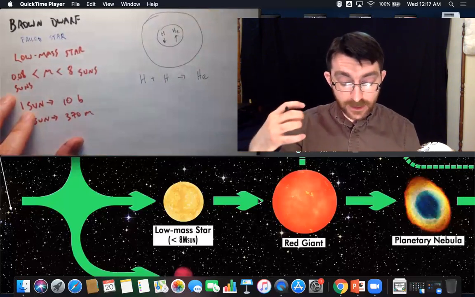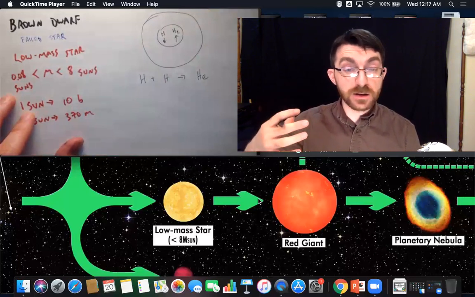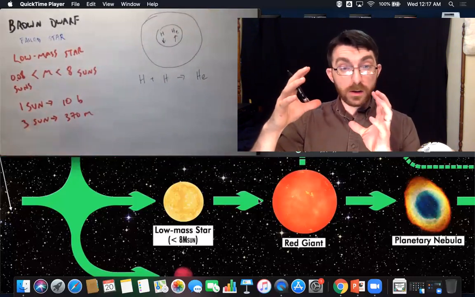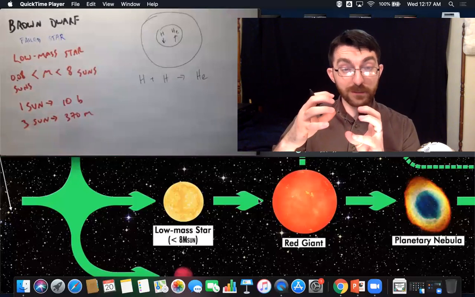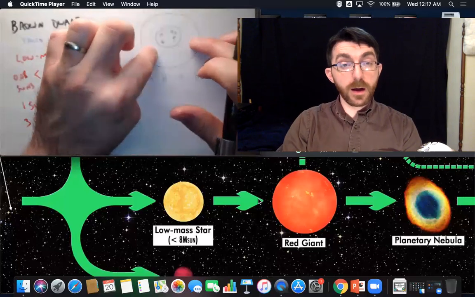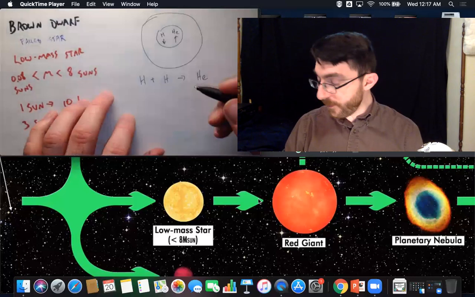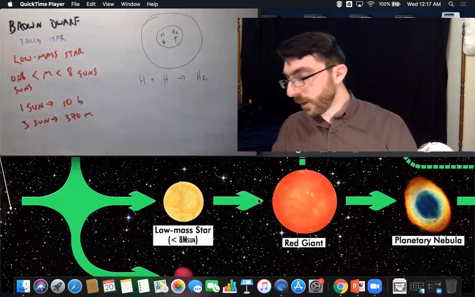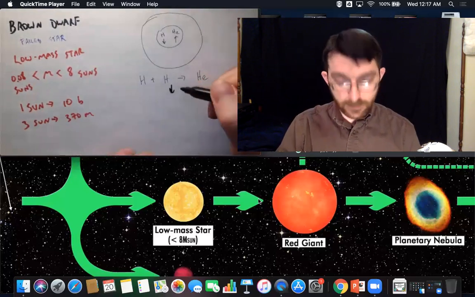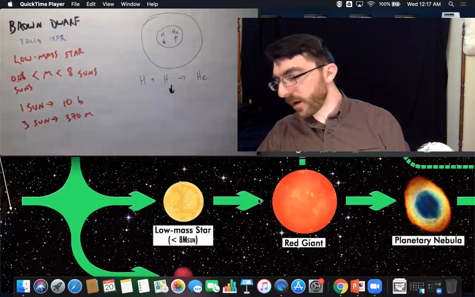So as the usability of the hydrogen decreases, what happens is the core compresses and becomes more dense, while the outer shell expands and becomes less dense. So you end up with something like this. I can't really make it bigger, so you just have to imagine that this is bigger, sorry.